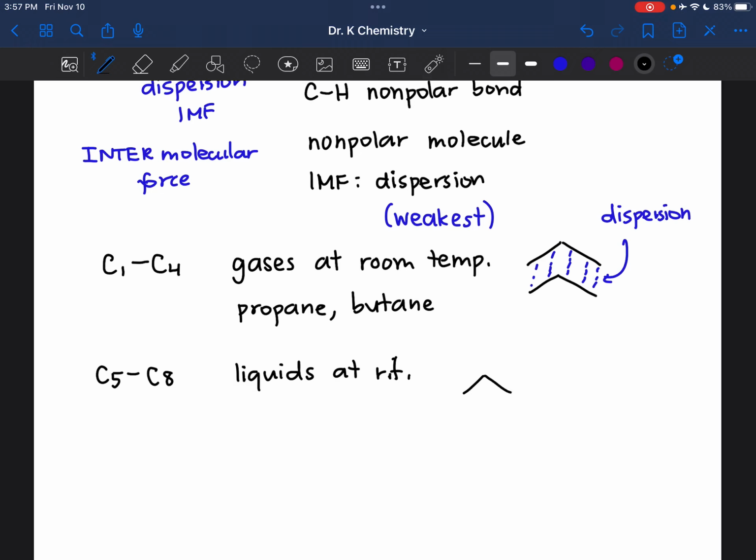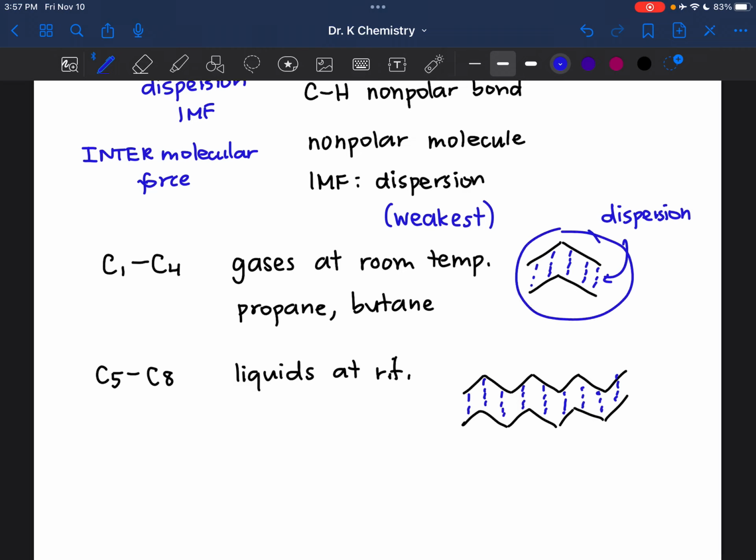However, if we look at, let's say, octane, it also has dispersion. Even though each intermolecular force here is weak, the fact that we have more of them collectively becomes a stronger interaction than propane, which only has 3 carbons and a limited number of dispersion interactions.